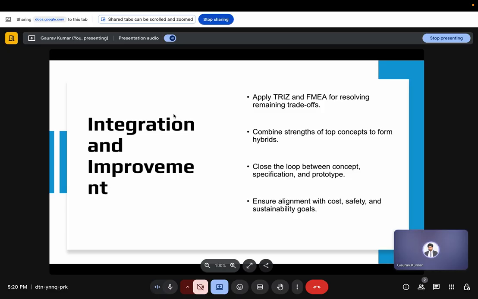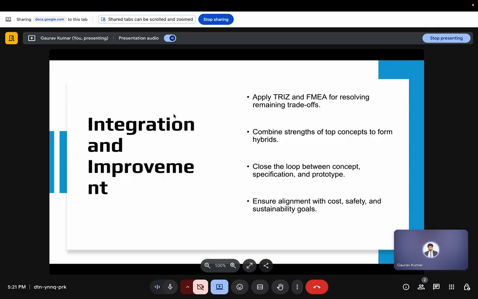High-performing features from multiple concepts can be hybridized into a single optimized design, leveraging the strengths while mitigating the limitations. This approach reflects the essence of systematic innovation, where competition among ideas leads to collaboration among functions. The final integration step ensures alignment with broader performance objectives such as cost effectiveness, safety, ergonomics, and environmental sustainability.